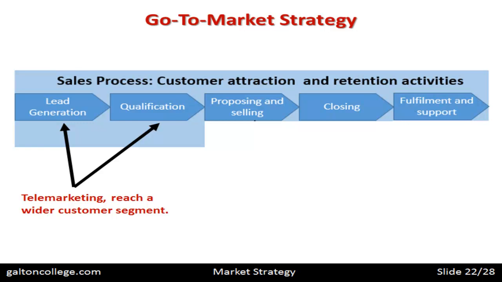It interferes with family life. It's an unwarranted call, and people don't want to take those phone calls. So it's seen as a nuisance call, and there are steps in many countries to try and block these. So telemarketing, instead of reaching a wider customer segment, may alienate customers. So care has to be taken.